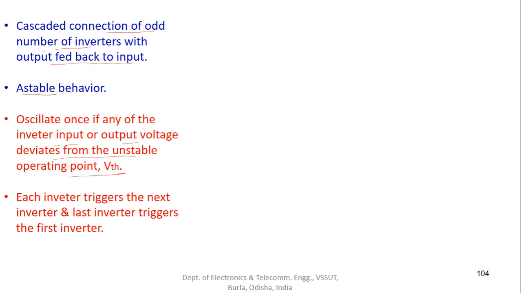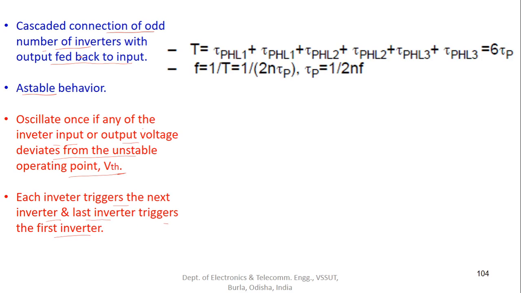Okay, so what happens is that each inverter triggers the next inverter, and similarly it keeps on going, and the last inverter triggers the first inverter, right? So we just saw for this 3-stage ring oscillator that the time period for one oscillation will be the combination of all these 6 propagation delay times.